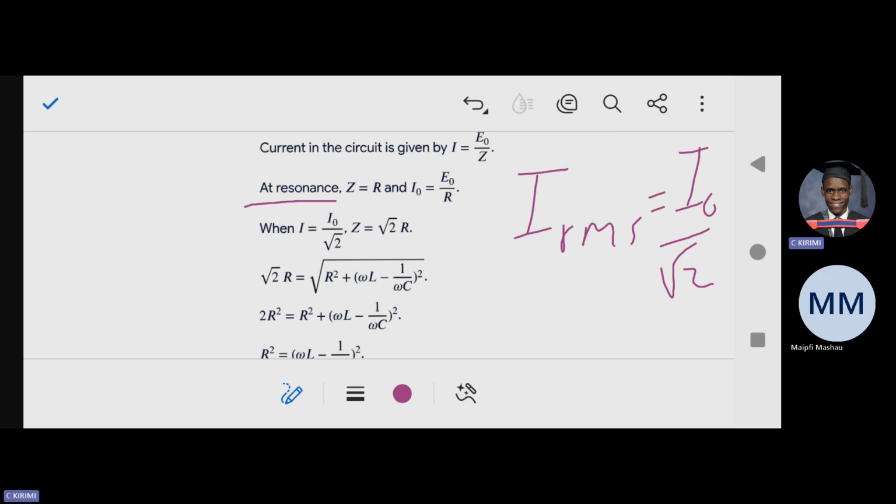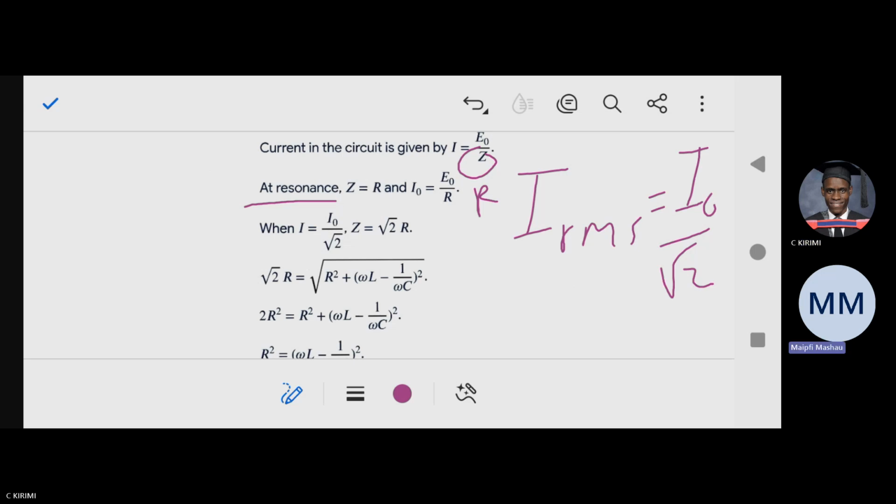So, like I explained yesterday, at the resonance, Z is equal to R. So where there is Z, we are replacing this Z with what? With R. Okay. You get the logic? Where there is Z, you replace Z with R.